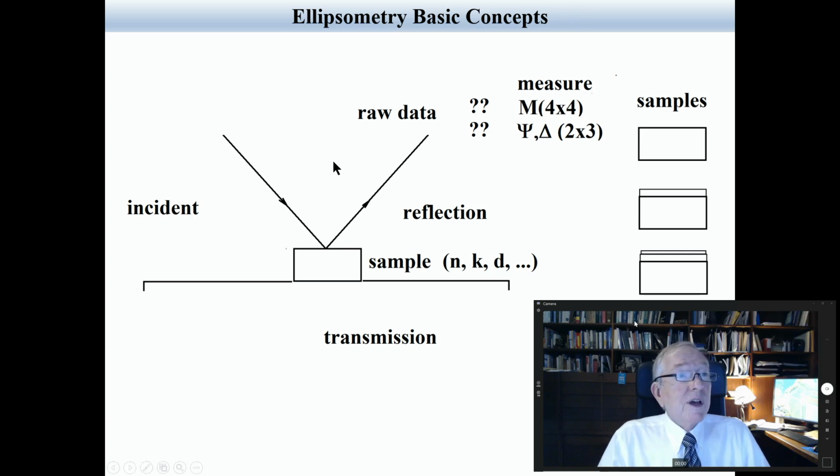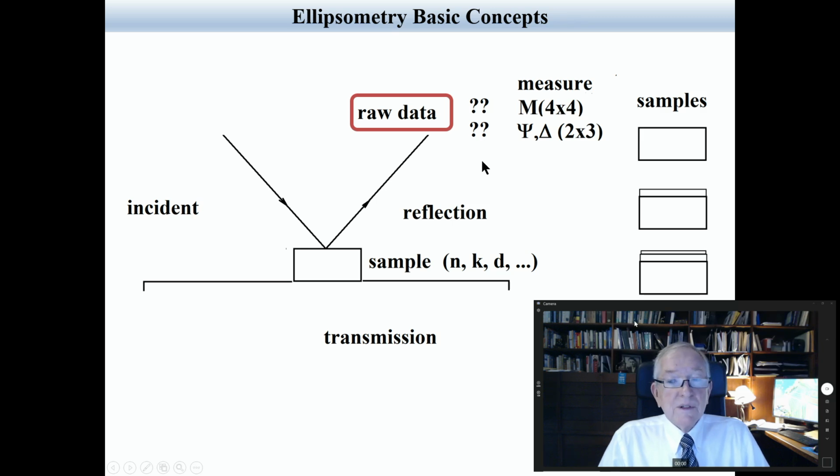From the left side, you'll see light coming in, striking an interface, a surface. That's the incident light. Then it produces a reflection off of a sample of interest, and then the reflected light is processed in some way or another.